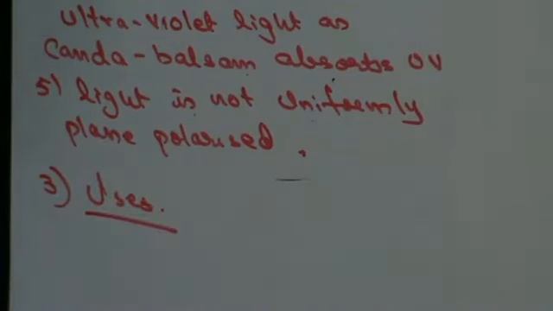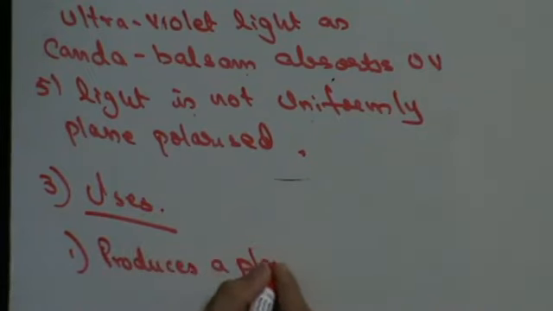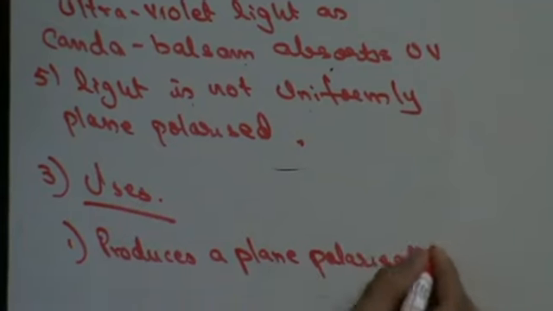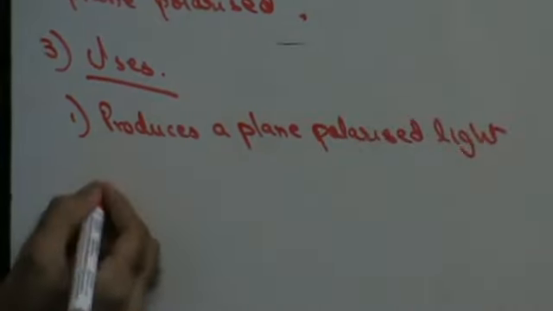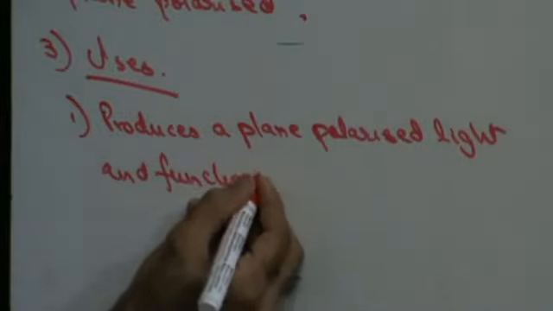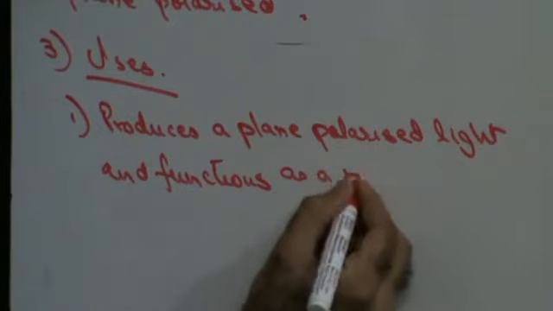Uses of Nicol prism. Nicol prism is used to produce a plane polarized light and functions as a polarizer.